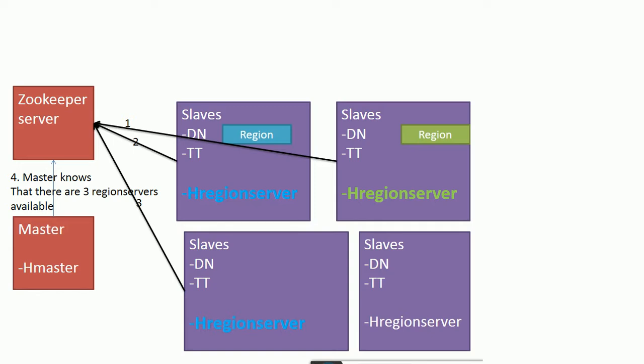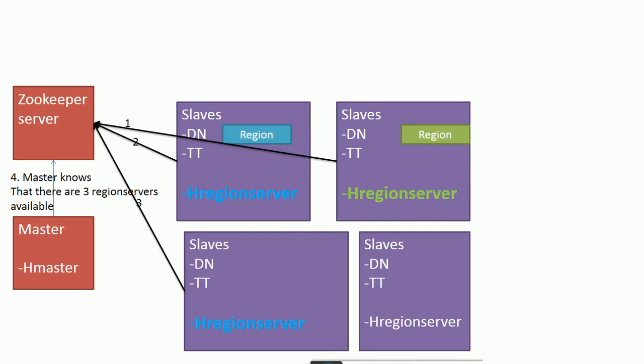We discussed Znodes yesterday, right? So Znodes will be created by Zookeeper, and once the Znode is created, then the HBase master process will ping or send a heartbeat to Zookeeper, and it will get to know that one HRegion server is up and running.